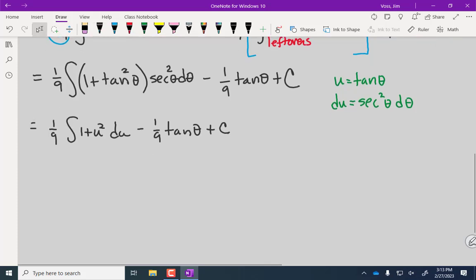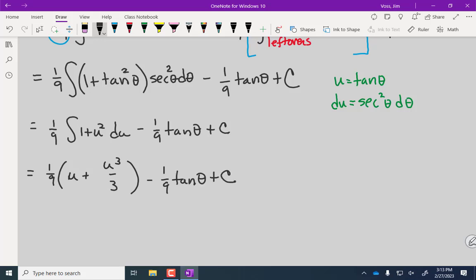This we can integrate directly. Integral of 1 is u, and then plus u cubed over 3. And there is a plus c, but we're just going to think of it as merging with this constant over here. We don't need a second plus c. We already have a constant of integration.